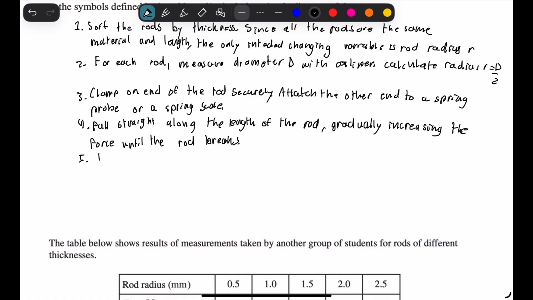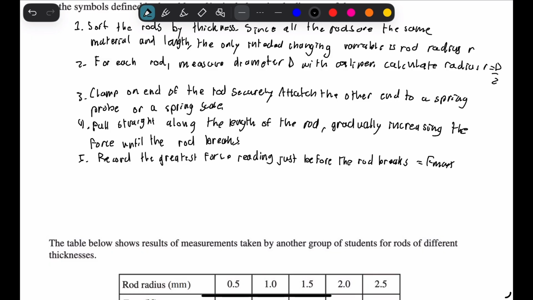Next, you're going to record the greatest force reading just before the rod breaks. This is equal to your F max.